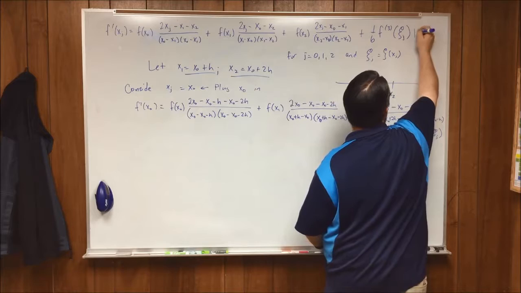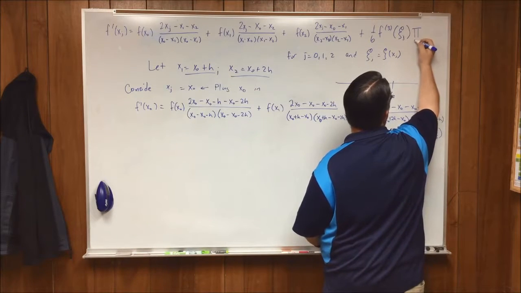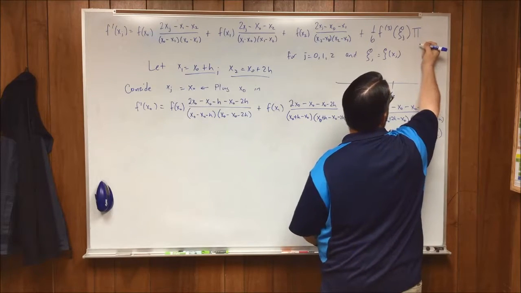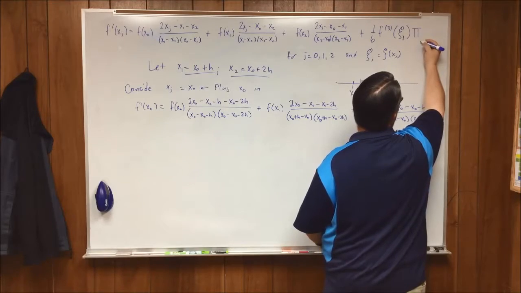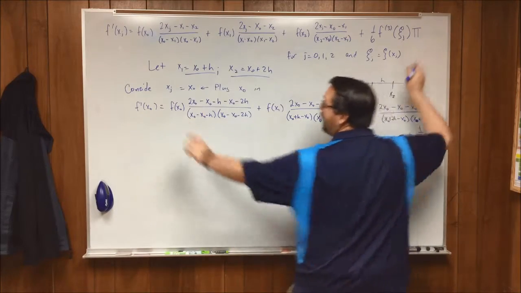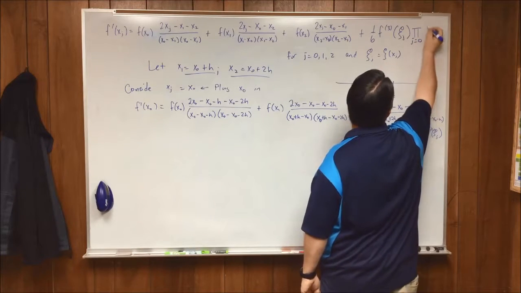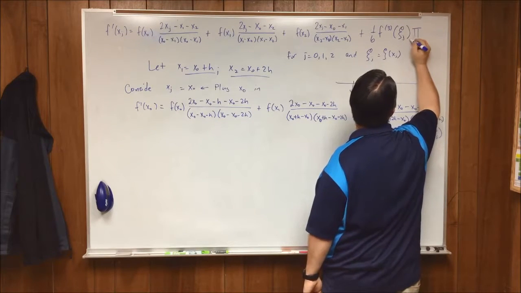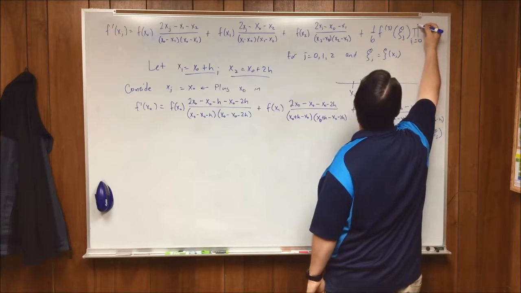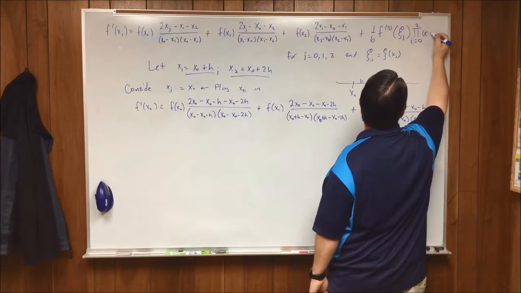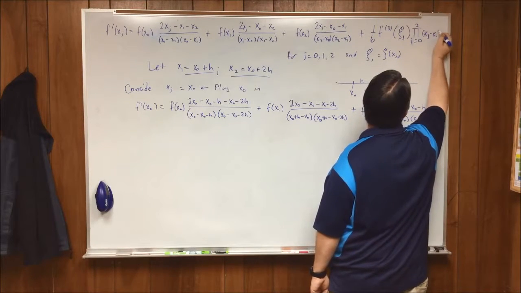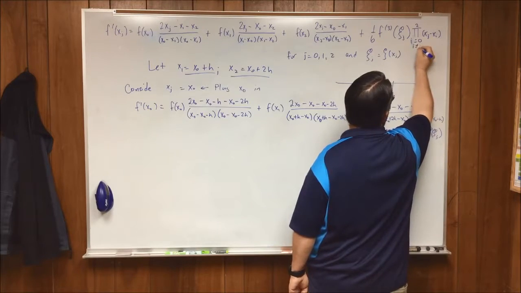This is a little bit more complicated than I wanted to spend time talking about. What ends up happening is you have the product of the other two factors that don't include this one. So it's the product from i equals 0 to 2 of x j minus x i, where i is not equal to j.